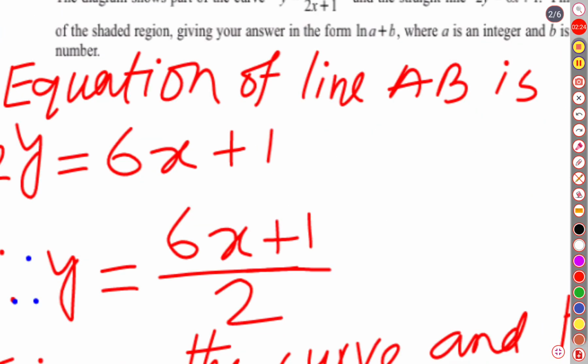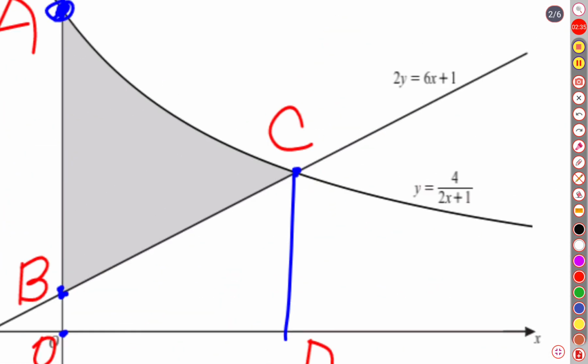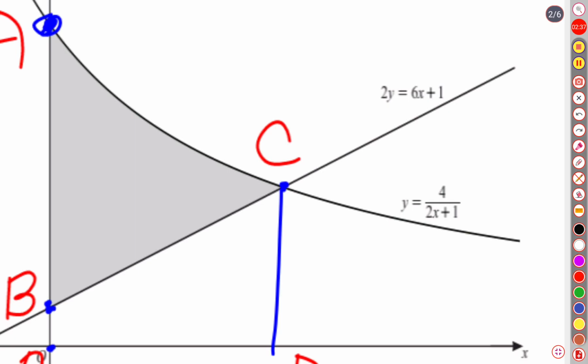Let us write the equation of the straight line with y isolated on the left side. We can see this is the straight line BC. The equation of BC is 2y is equal to 6x plus 1. If we isolate y, what will happen?